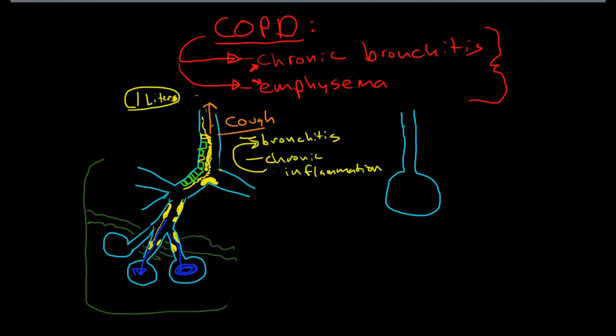And when we take a breath in, we pull outwards on the pleura, and when we pull outwards on the pleura, this force is also pulling outwards on the airways. Now these airways are very thin-walled, floppy little things. There's no cartilage in them.